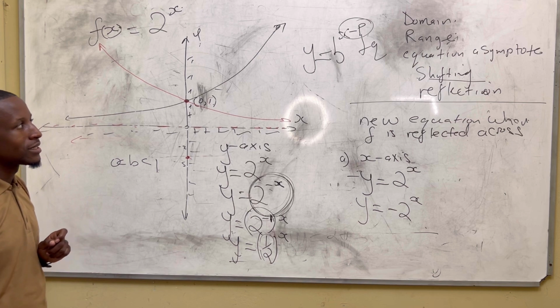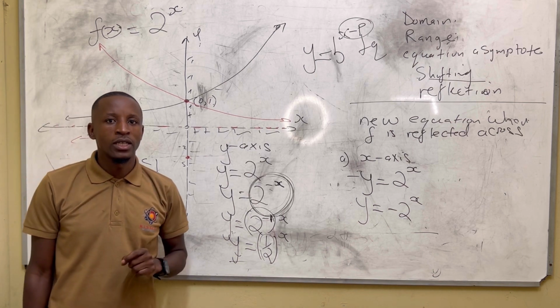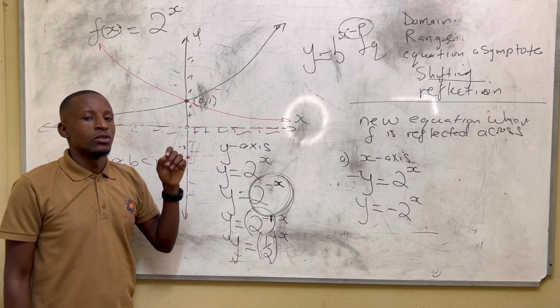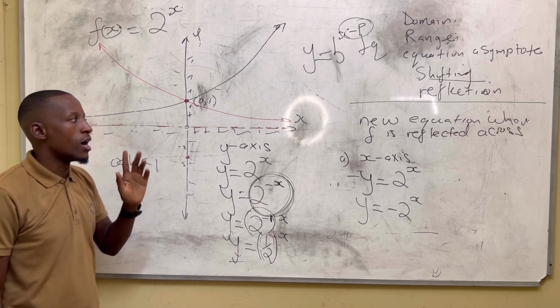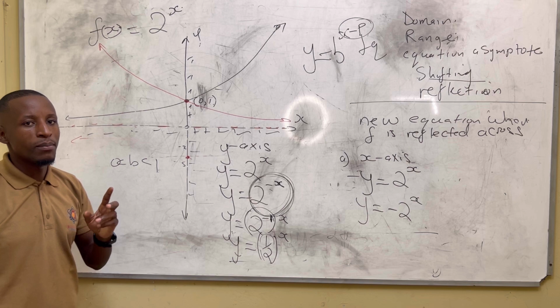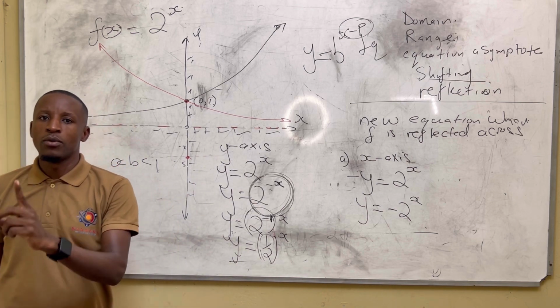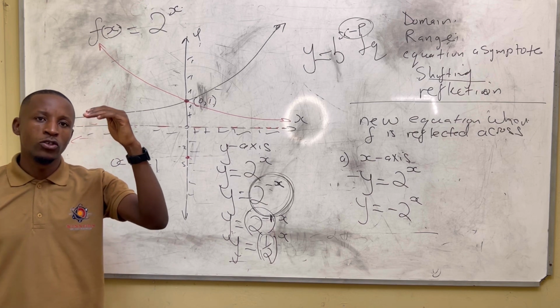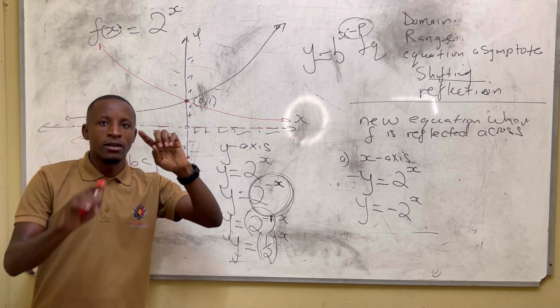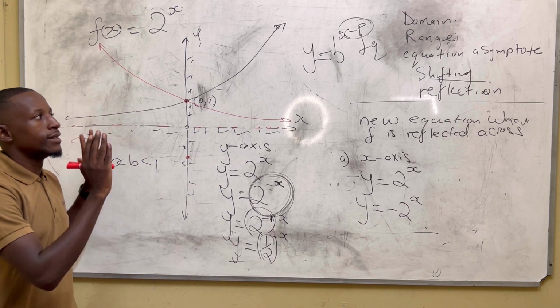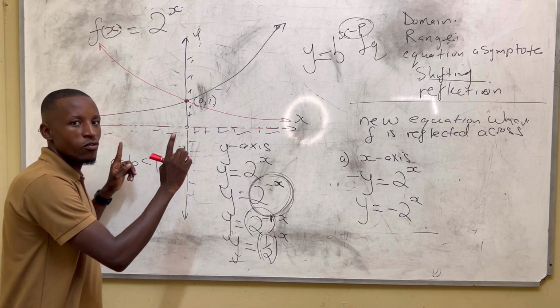So in our next lesson, we're going to focus on the inverse of this graph. That will be our next lesson, on how you deal with the inverse. Remember, we once dealt in another lesson with the inverse of a parabola. If you check on our YouTube page, there is a recording of a video where we recorded the inverse of a parabola.